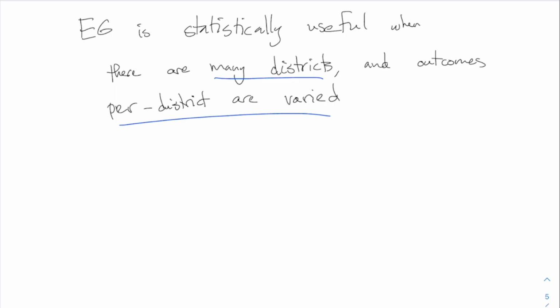First of all, the business about many districts is just a general fact about statistics overall: for the most part, statistics are only reasonable if you have what they call a large sample size. If you're trying to average some stuff in a meaningful way, you should probably have a lot of things to average from.